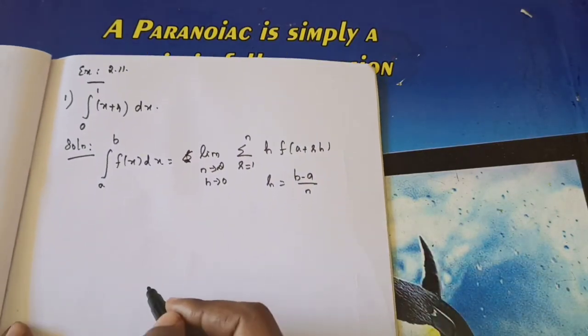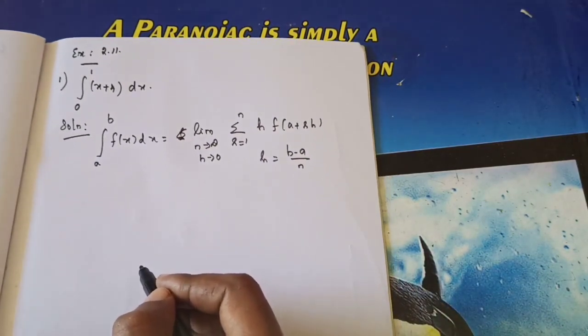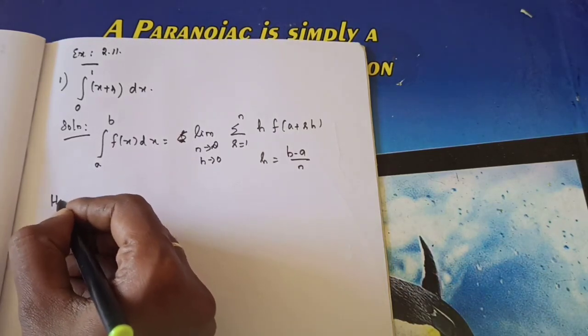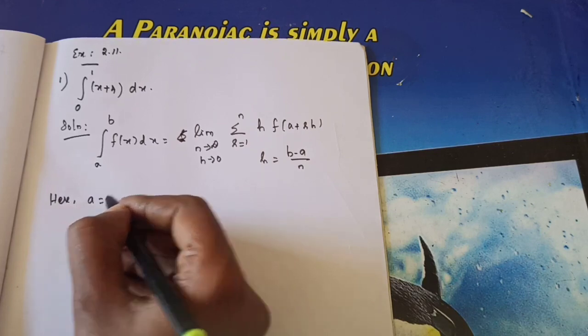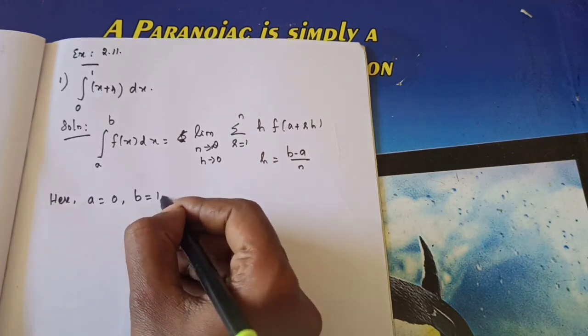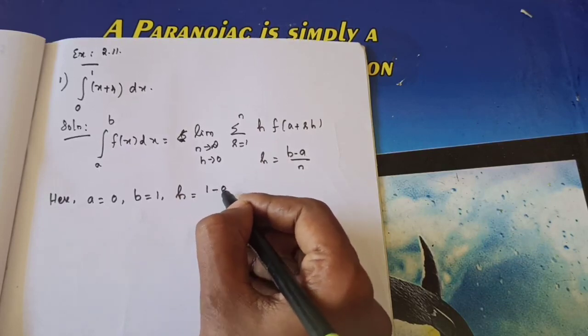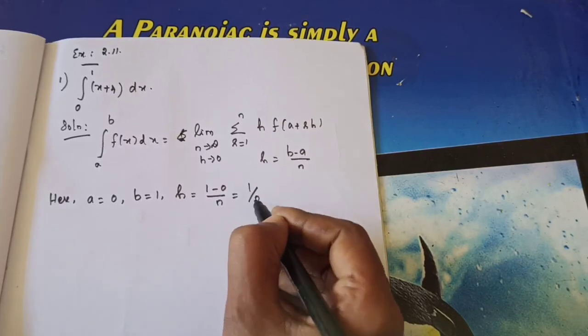Okay. So you need to get thorough knowledge, because of that I am doing the same model again. So here first you will find the h value. A value is 0, b value is 1. So what's the h value? b minus a by n. So 1 minus 0 by n, that's equal to 1 by n.